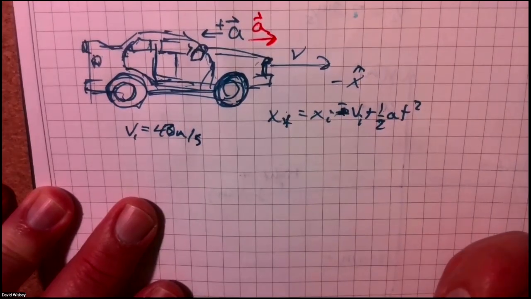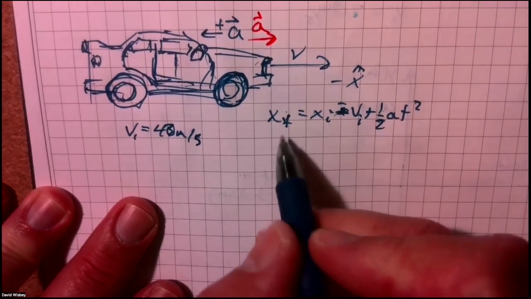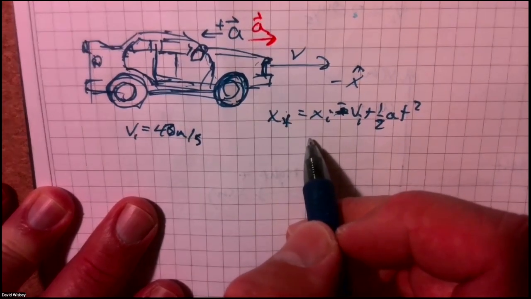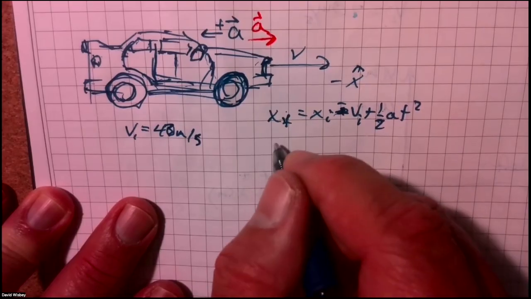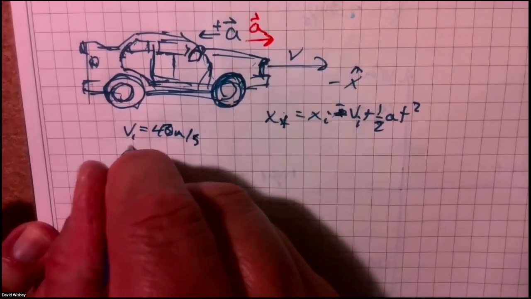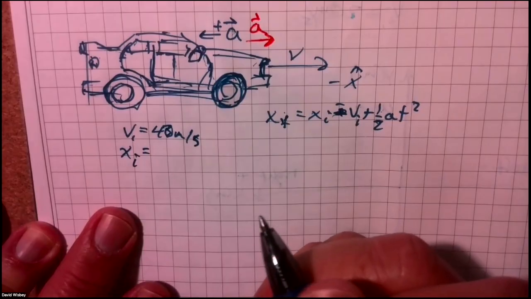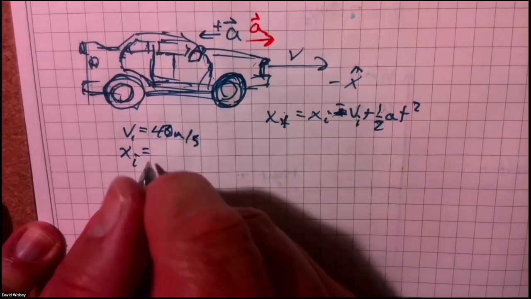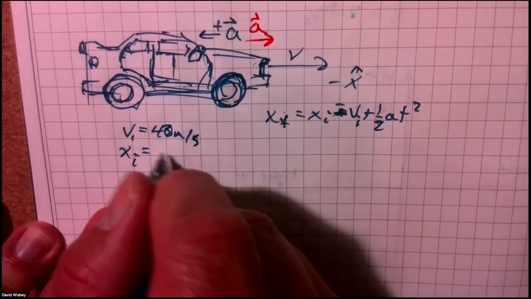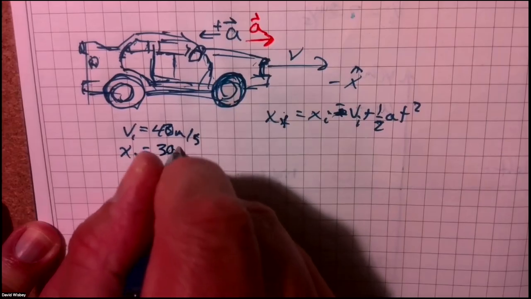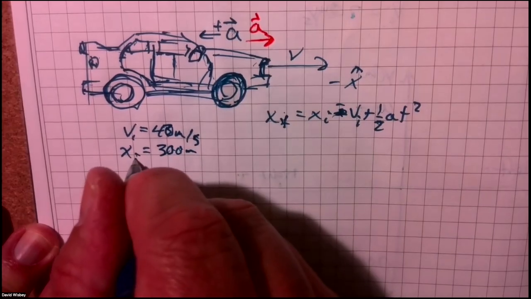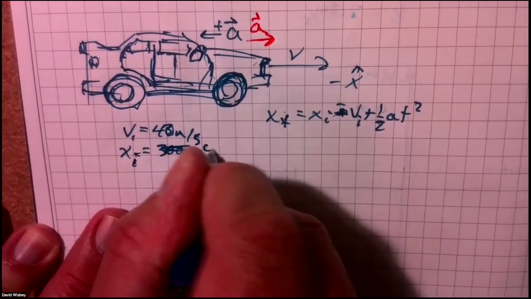And when I realized that the parking lot was running out, I had about 300 meters. It was definitely less than a kilometer, so let's call it 300 meters. We'll call my initial position 0.